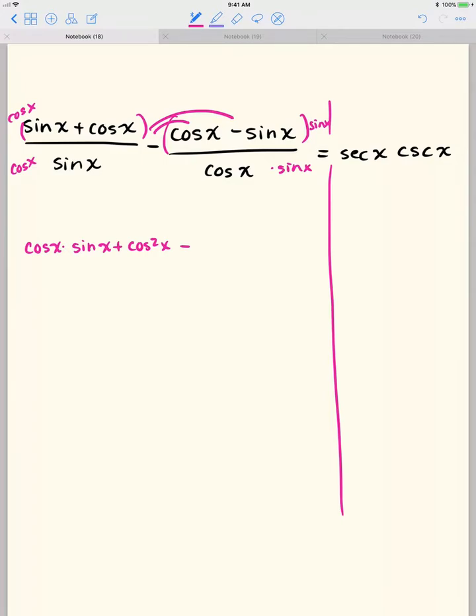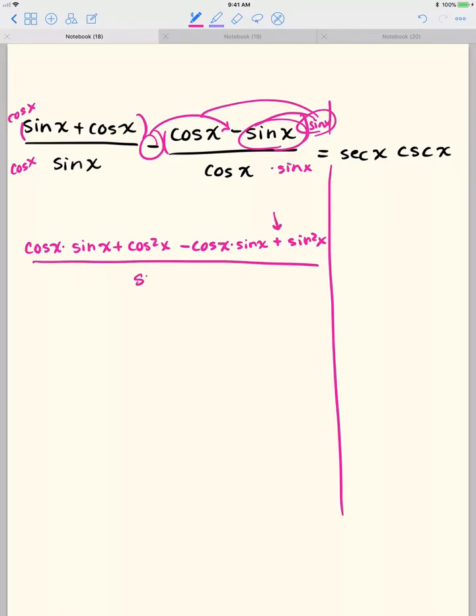And then my right quantity, if I distribute that sine to both of those, would be minus cosine times sine, and then it'll end up being plus sine squared, because when I distribute that subtraction through to that negative, that's going to create a plus on the end. And that's all over cosine times sine. I don't know that this was any quicker, but it is an alternate way to do this.